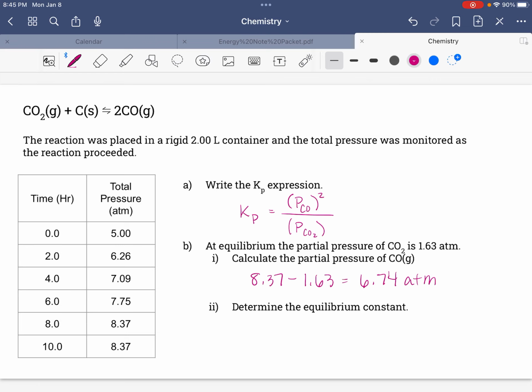Then it asks us to determine the equilibrium constant. We already have the expression, so we just have to plug in our partial pressures to determine what our Kp is.